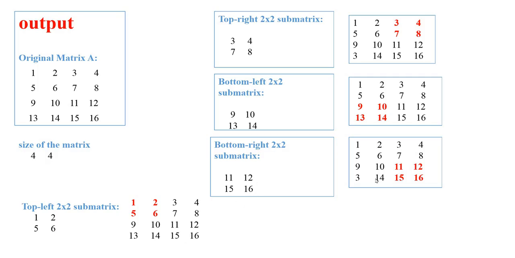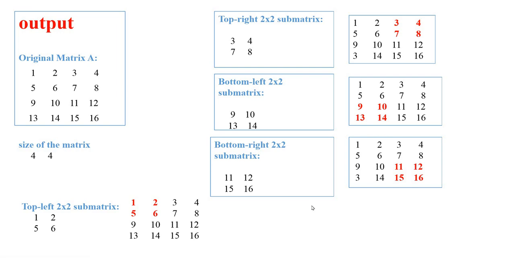Here we have written m minus 1:m, the last two rows of the matrix, and n minus 1:n, the last two columns, which gives the bottom right 2 cross 2 submatrix. This is how you get the output.